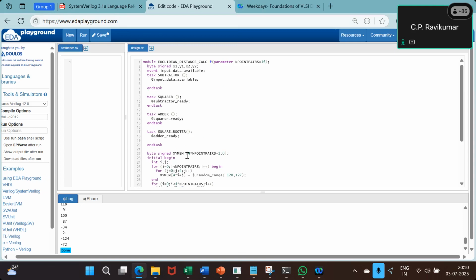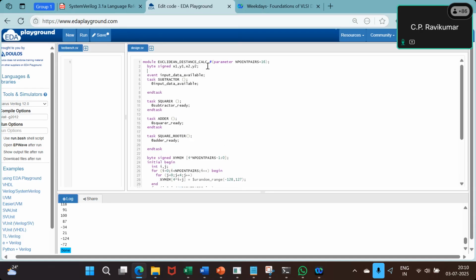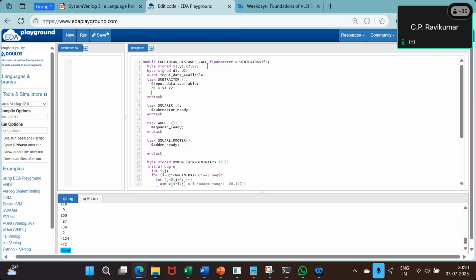Once the input data is available, the subtractor has to perform two subtractions. Let us say there is another buffer, which is also byte signed. Let us say difference 1 and difference 2. So this will do d1 equals x1 minus x2, d2 equals y1 minus y2.